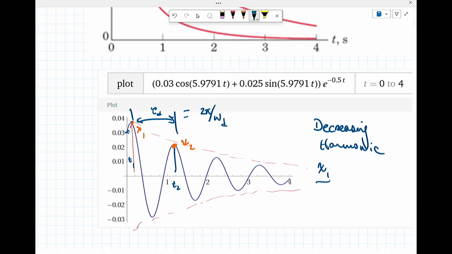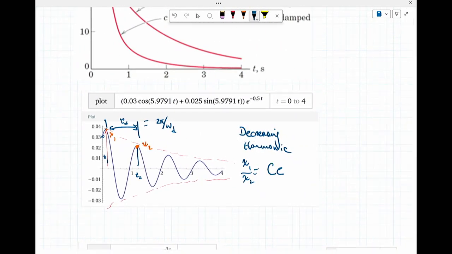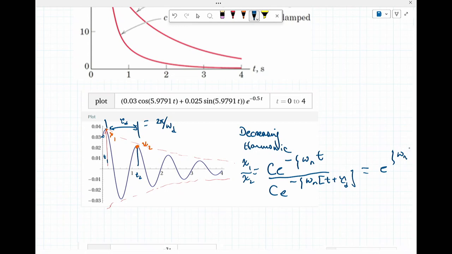So x1 over x2 is equal to C e to the minus zeta omega n t over C e to the minus zeta omega n (t plus tau d). And that is equal to e to the zeta omega n tau d.